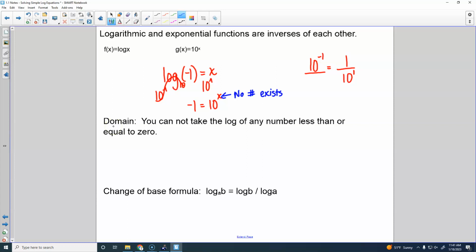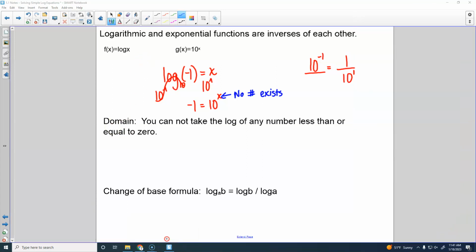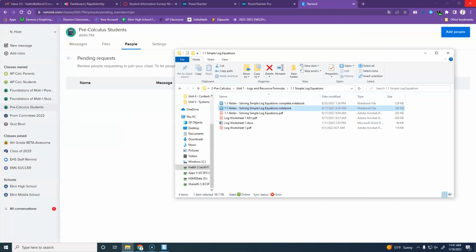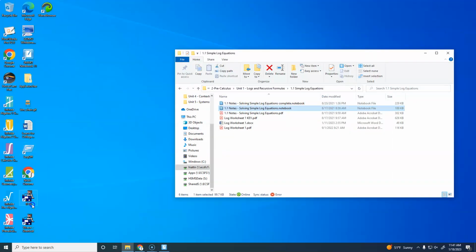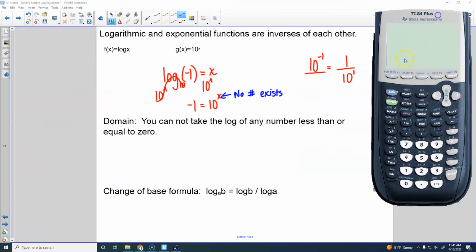And then there's one more thing you need to know, mostly for us using the TI-84 calculator. If you have a new fancy TI-84 calculator, yours might be able to do a base on a logarithm.